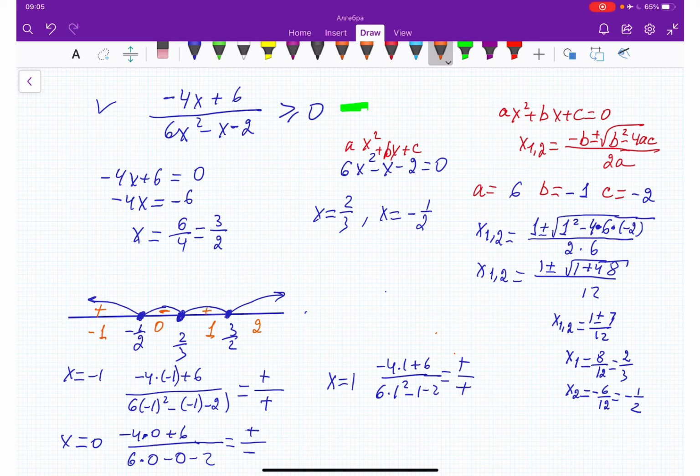And lastly, x is equal to 2. -4 times 2 plus 6, 6 times 2 squared minus 2 minus 2.